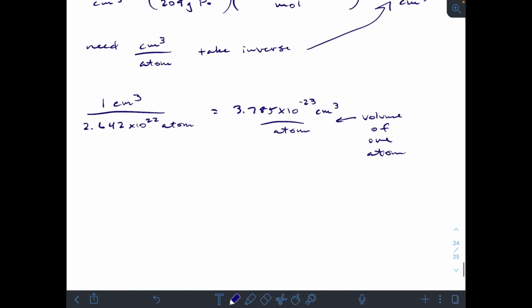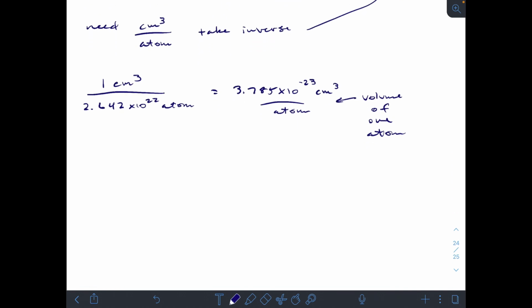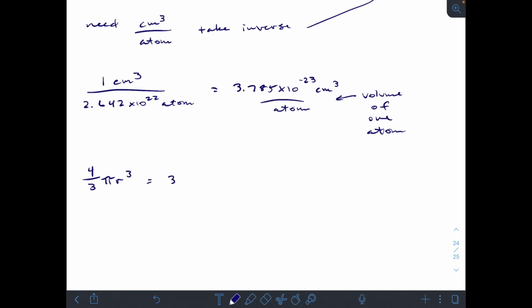Right, and we're treating these as spheres, right? So if I know the volume of a sphere, I can solve for the radius. Four-thirds pi r cubed equals 3.785 times 10 to the minus 23 cubic centimeters.